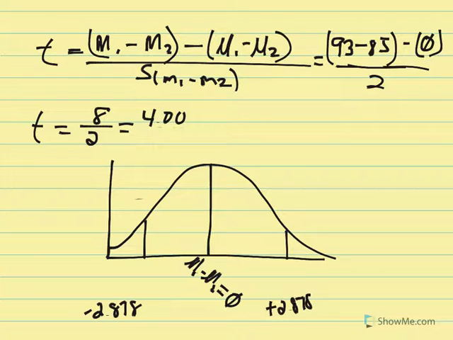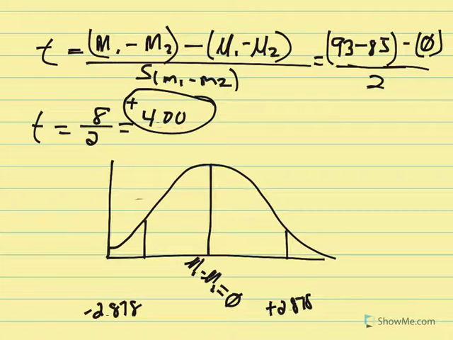And our mean difference, which was converted into a T statistic, is equal to 4, and it's a positive 4. Positive because those who watched Sesame Street scored higher than those who didn't.